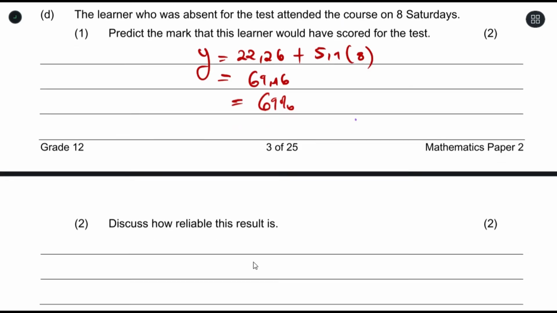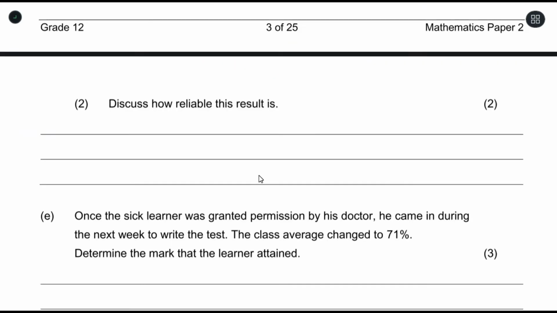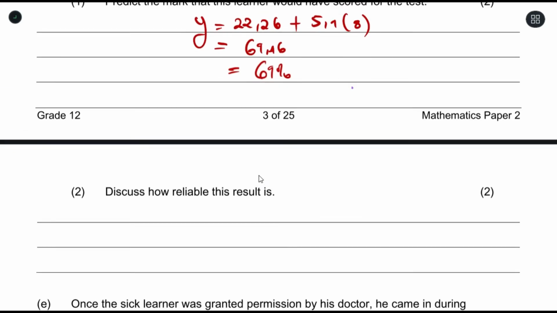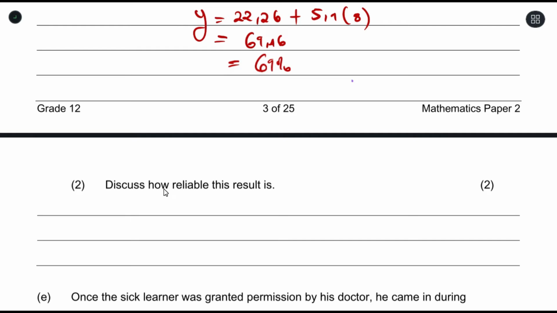Okay, that's it. Now 2 asks us to discuss how reliable this result is. We can say that the result is fairly reliable. And the reason why we say it is fairly reliable is because the data was interpolated.